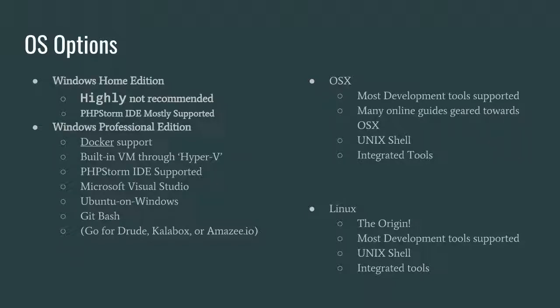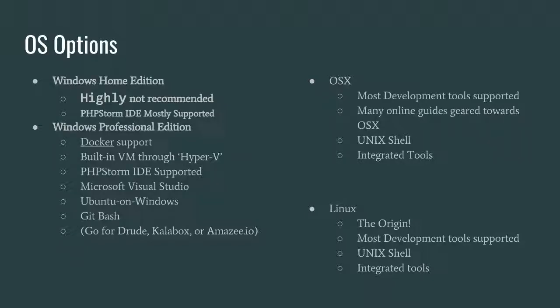It took me about 15 times longer than it would have taken me on Windows Professional Edition, because Windows Pro has something called Hyper-V, which is this sort of, you can use Docker, you can use all these really cool softwares. If you're going to be working on Windows, they have Microsoft Visual Studio. They have Ubuntu on Windows, which is a little bash terminal. It's pretty cool. And they have Git Bash.